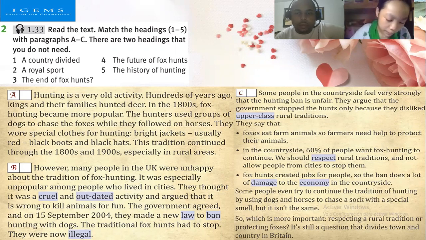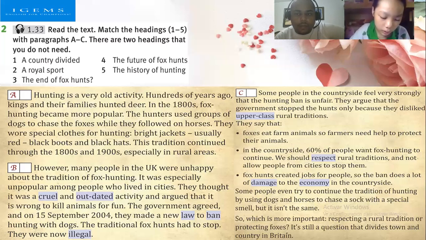They wore special clothes for hunting: bright jackets, usually red, a black coat, and a black hat. This tradition continued through the 1800s and 1900s, especially in rural areas.